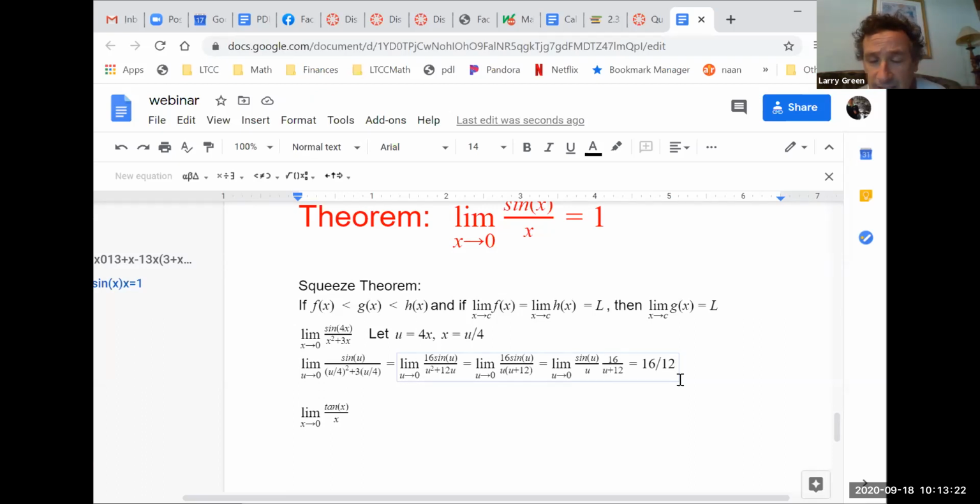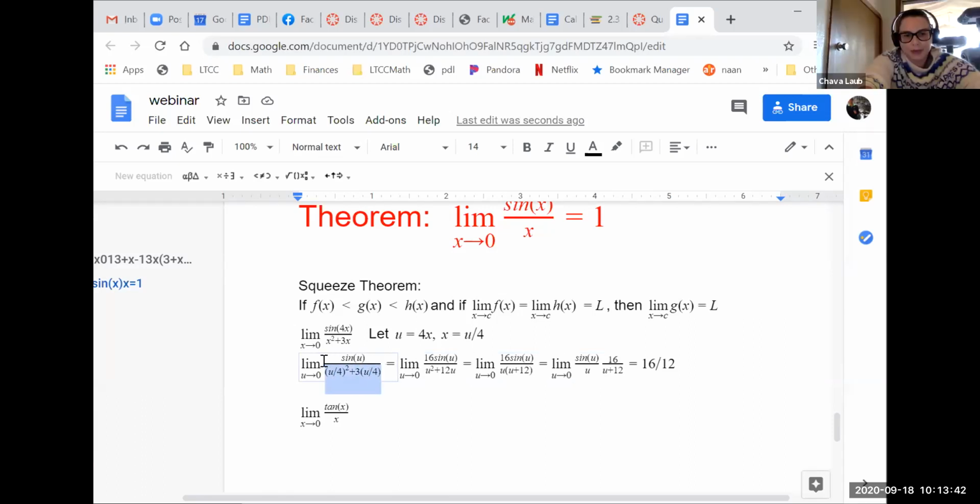Anybody lost on this? I'm lost on going from sine u over u divided by 4 to the second power, and then going into the next part.